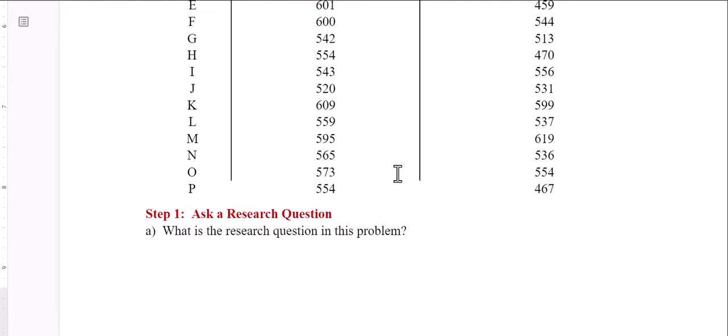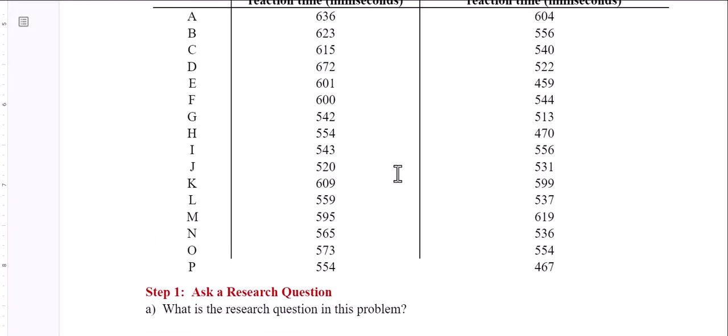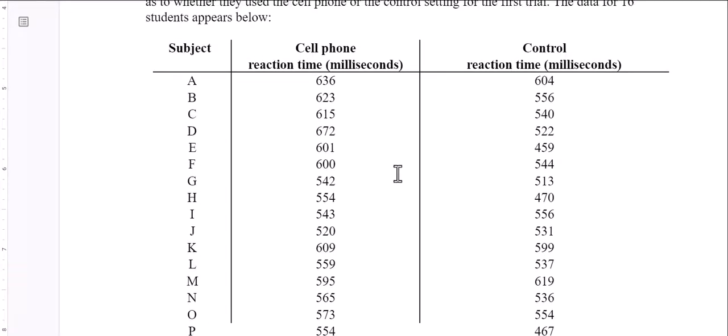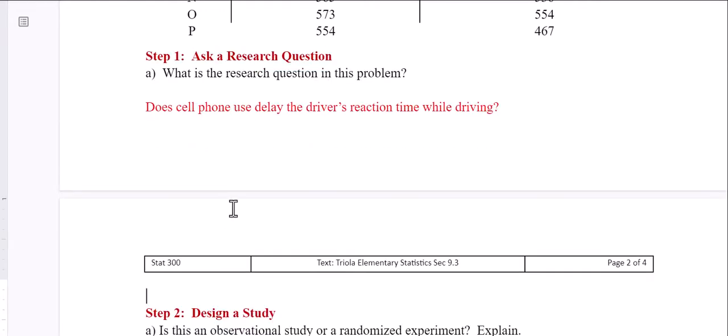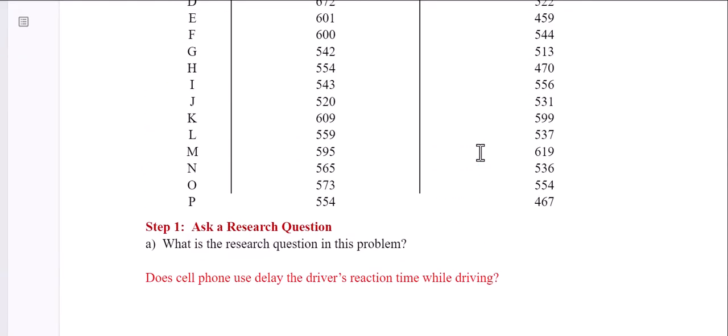So what is the research question in this problem? We essentially want to know, does talking on a cell phone delay your reaction while driving? So let's put that in here. Does cell phone use delay the driver's reaction time while driving? So if something was to happen, does it delay your reaction when you're talking on a cell phone versus if you're not?